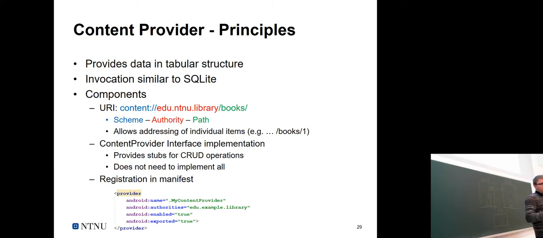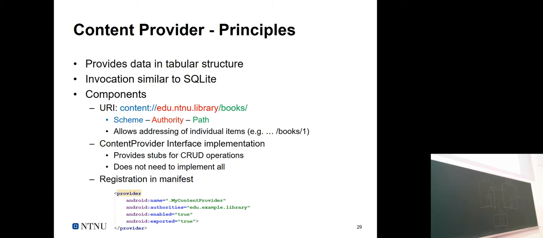In order to make them accessible across the entire landscape of installed applications in the particular instance of your Android device or emulator, they need to have a unique identifier, and that's one of the key things here, that we need to define a schema, or URI, that allows you to address the particular content resolver.